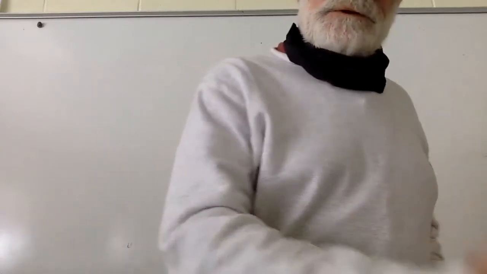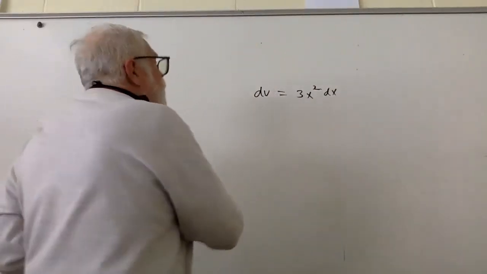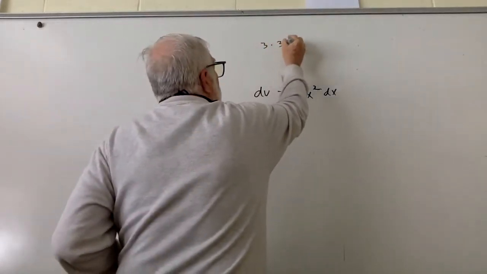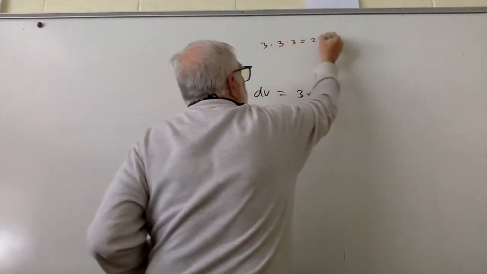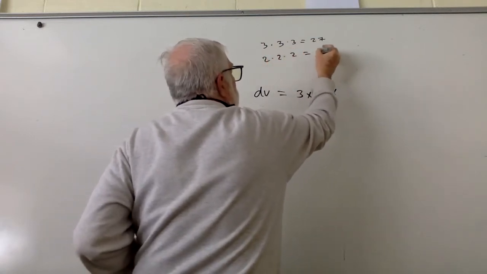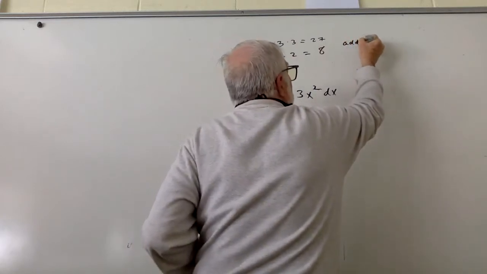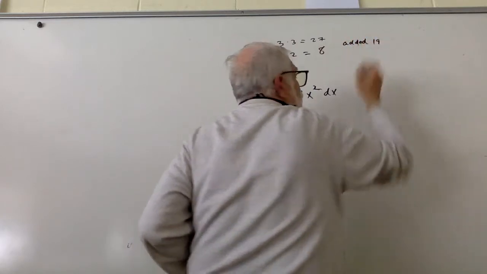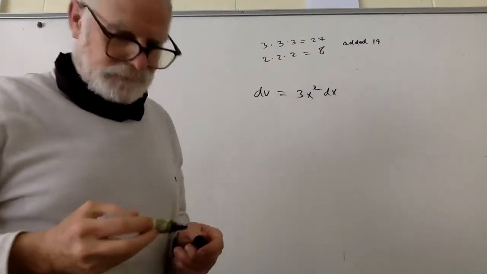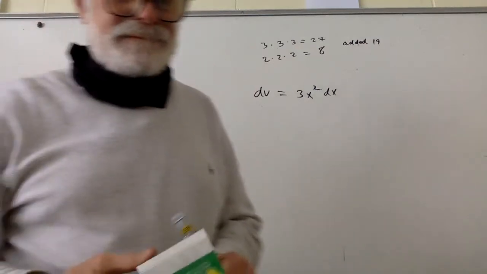I wonder what the difference in volume is. Oh, I know, a 3 by 3 by 3 has 27 cubic units to it, and a 2 by 2 by 2 has 8. Looks like I added 19 cubic units of volume. And how did I do it? One layer at a time.